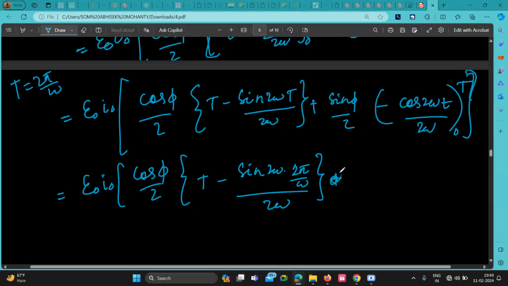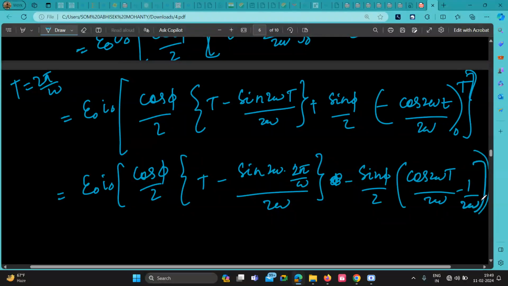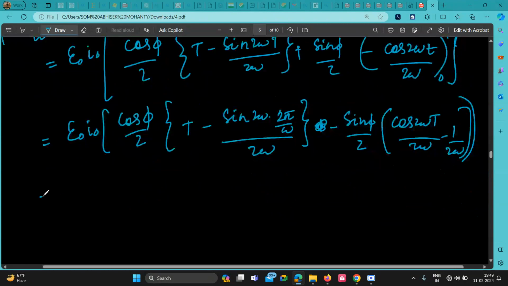The minus will come out, actually minus sine phi by 2, cos 2 omega T by 2 omega minus cos 0 is 1, by 2 omega. So here E naught I naught cos phi by 2. See, this omega may cancel, sine 4 pi. Sine 4 pi is 0. So into T minus sine phi by 2.